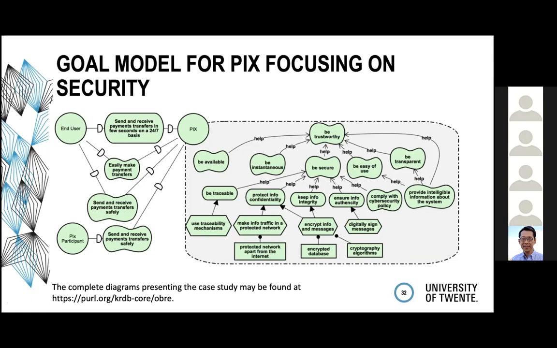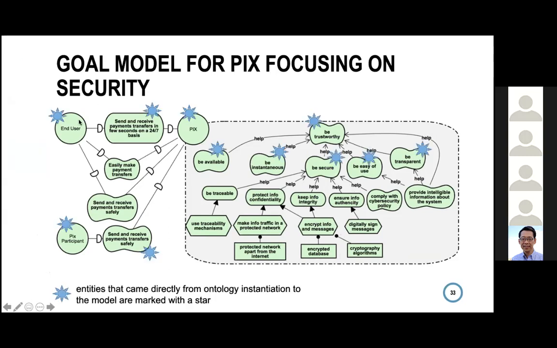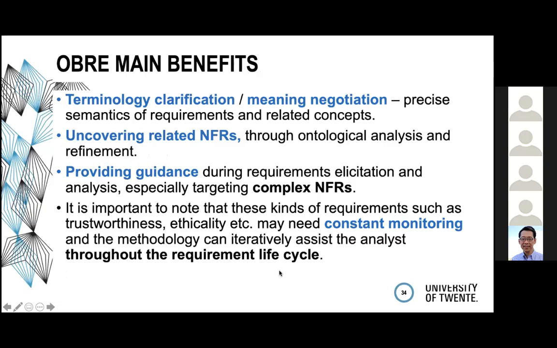It's important to realize that all these classes, all these concepts, these entities that are marked with this blue star came from the ontology instances. So just to show you how the ontology and the ontology instance can guide the requirements engineering in elaborating such a model, right? So there are the goals there that can be mapped to goals here, and the agents there that can be mapped to the actors here, and so on and so forth. Then you must refine them in the analysis.